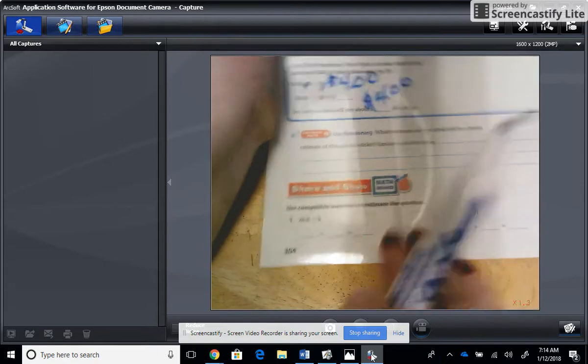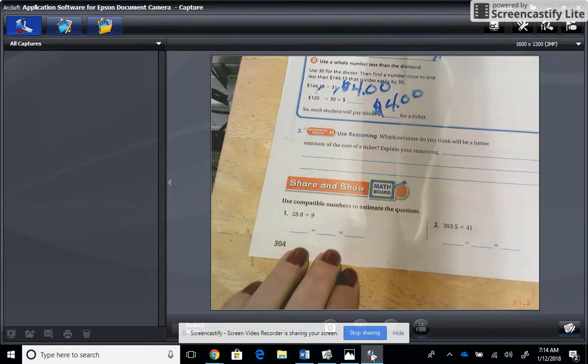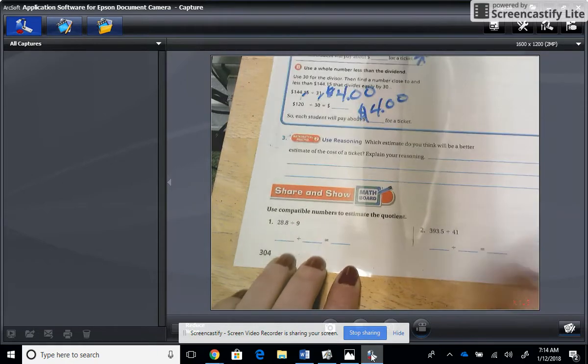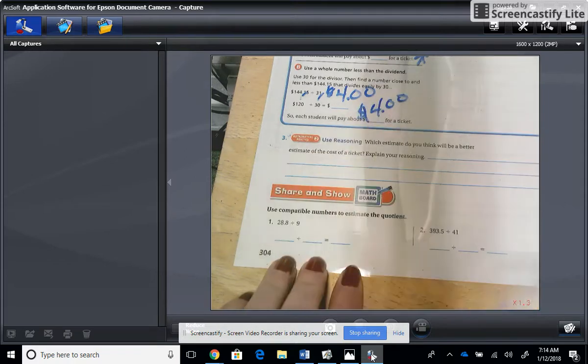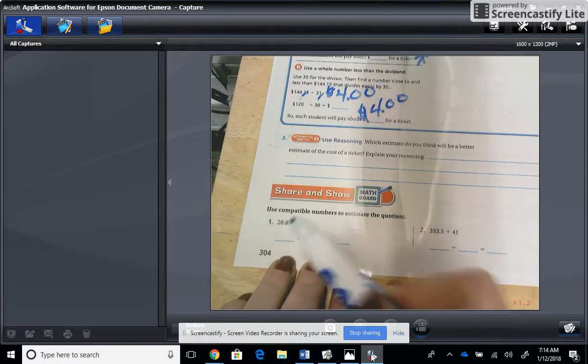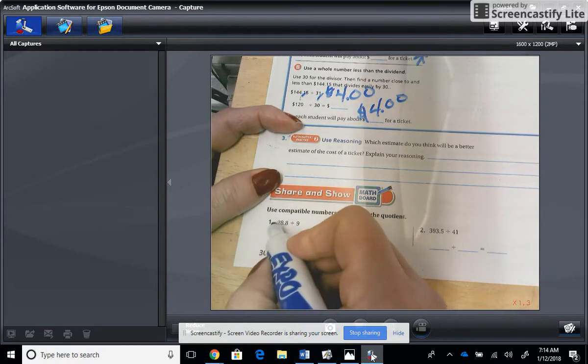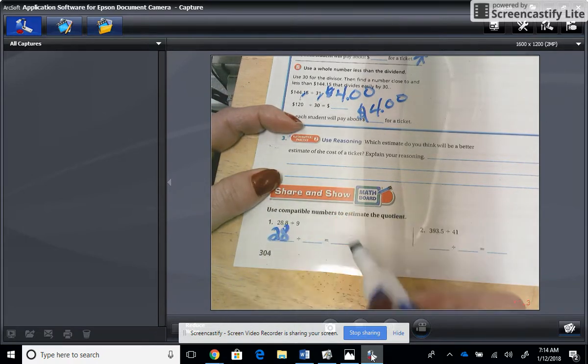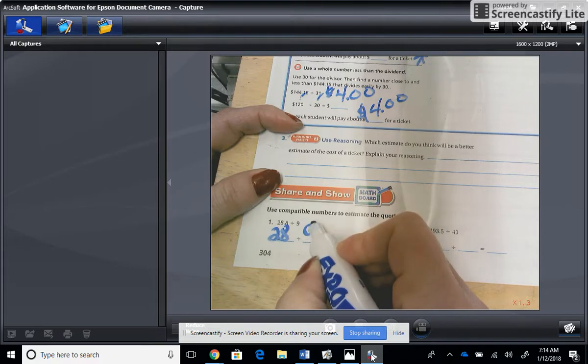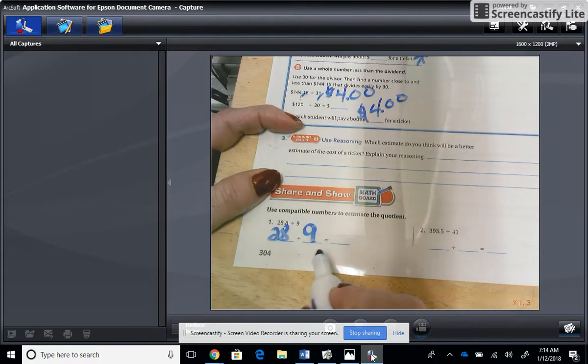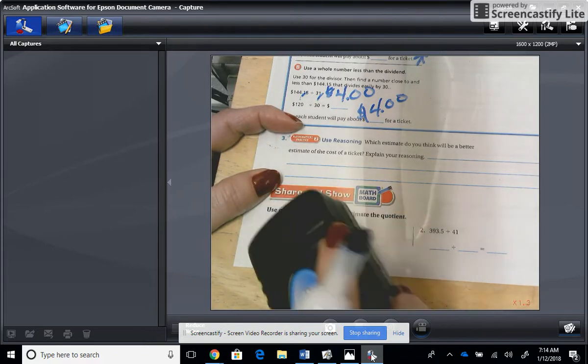So if I'm going to do the bottom down here, we're going to use compatible numbers. If I look at this, 28 and 8/10, I'm just going to think of it as a whole number for right now. And I have 28 divided by 9. Is that a compatible number?